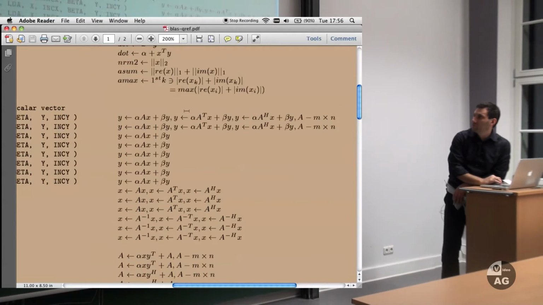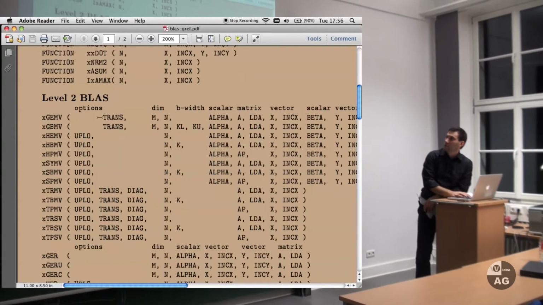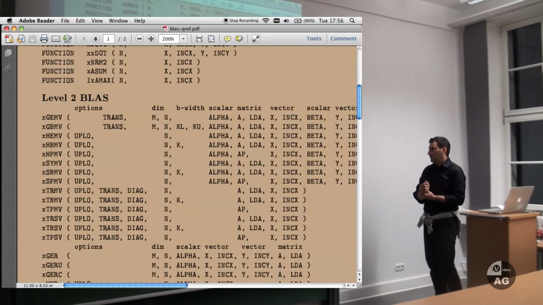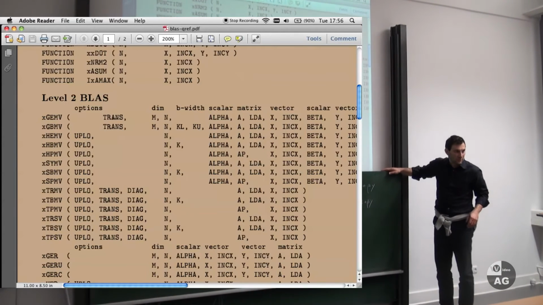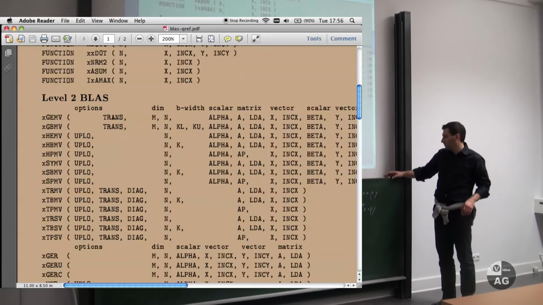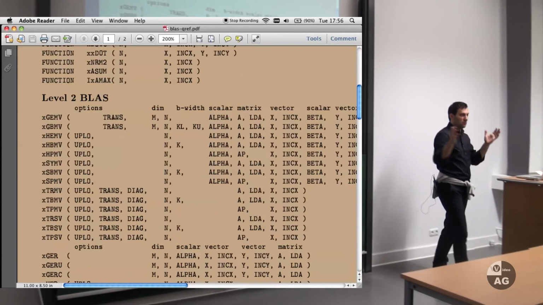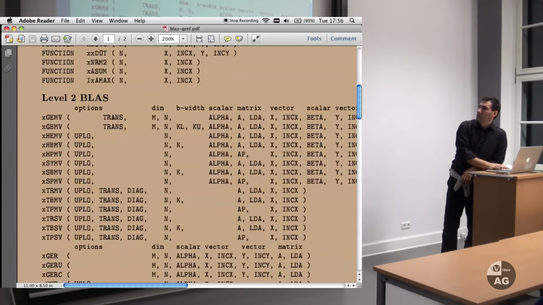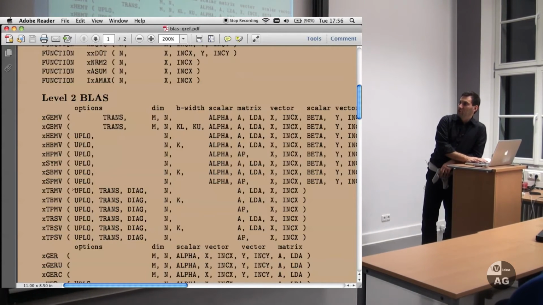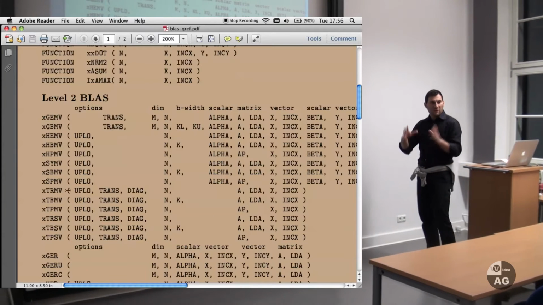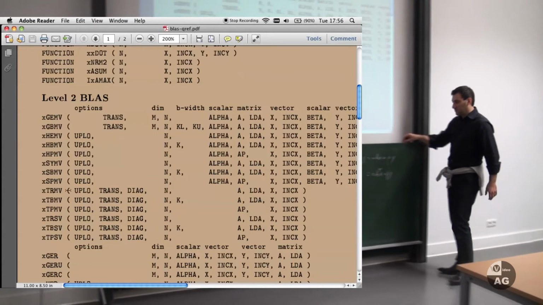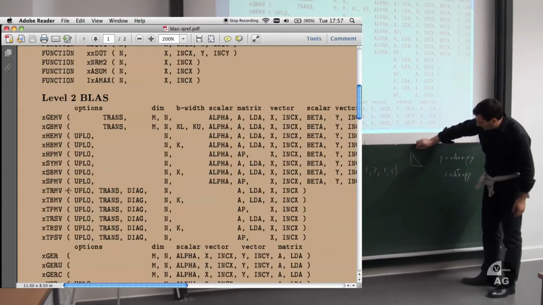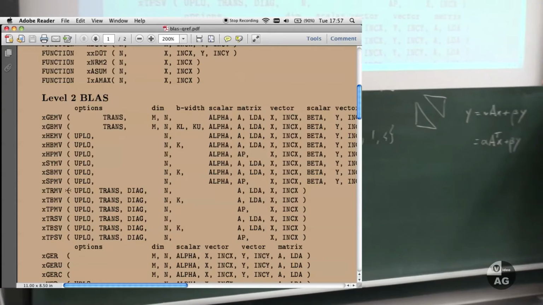You just simply have to pass these initial arguments, trans, which might be trans, no trans, or yes, no, and that means whether to multiply the matrix as it is or to transpose it and multiply. Over here we have up low, which means we are working with triangular matrices, and we want to specify whether we are working with a lower triangular or with an upper triangular. So it's up or low.